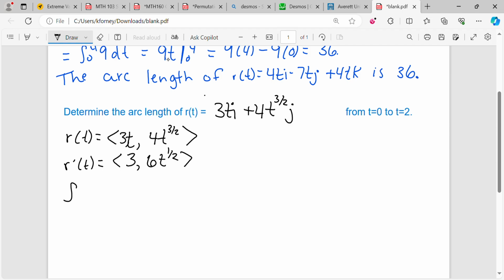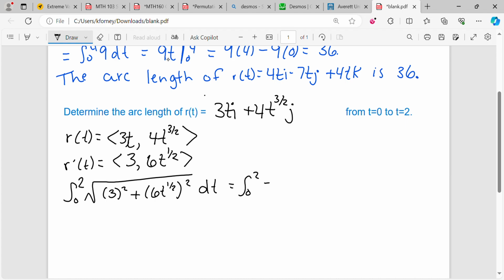So we want to integrate, because we want to find the magnitude. We want to integrate the magnitude of the derivative. So the square root of 3 squared plus 6t to the 1/2 squared dt.